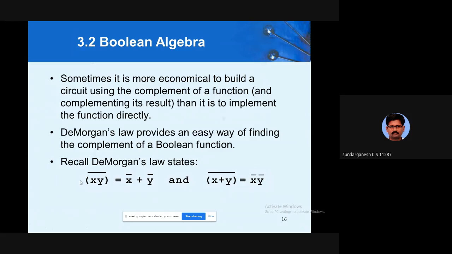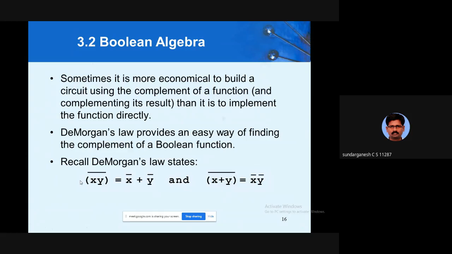You can build a circuit for the function directly. Okay. So the De Morgan's law provides an easy way of finding the complement of a Boolean function. So De Morgan's law is very useful. For example, (xy) whole bar equal to x bar plus y bar.